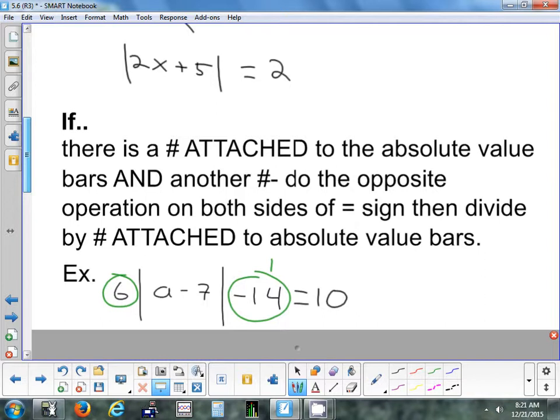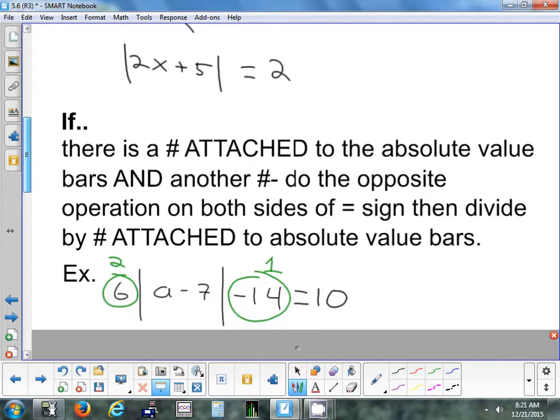We'll go through this one in a second and see if you guys know how to move negative 14 to the other side. Then after we move negative 14 to the other side, we still have to get rid of that number that's attached in front, just like you guys did up above. I just labeled the order you do it in. Step 1, do the opposite operation to get rid of negative 14.